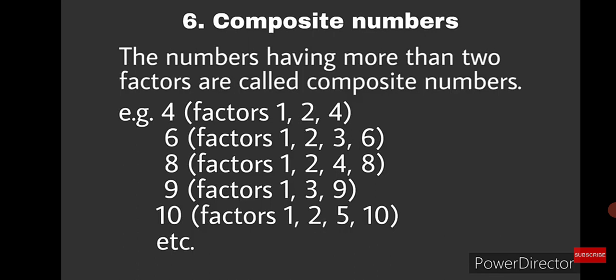For example, 4: the factors of 4 are 1, 2, 4. 6: the factors of 6 are 1, 2, 3, 6. 8, 9, 10 and so on. These are called composite numbers, having more than 2 factors.